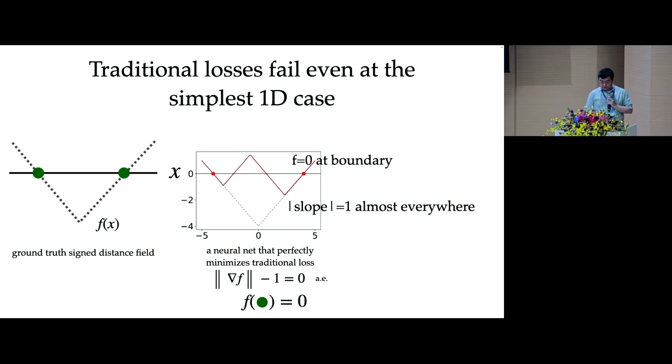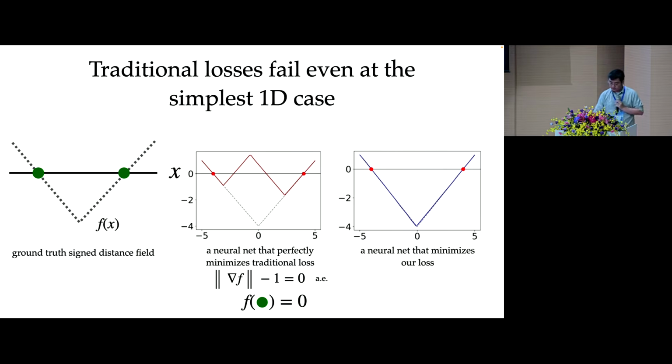So the loss truly goes to the global minimum, but it's still not our desired solution. This is problematic, right? It indicates that there is something fundamentally wrong with this loss. And of course, this is just an advertisement: if you use our loss, it will actually get the correct result.